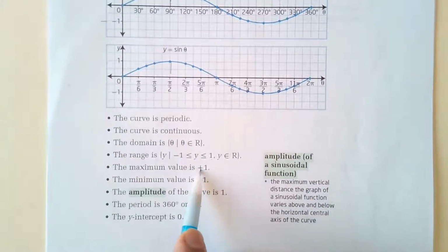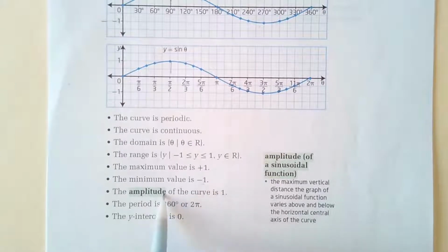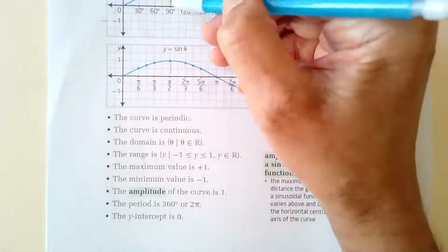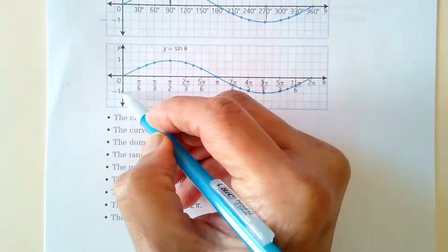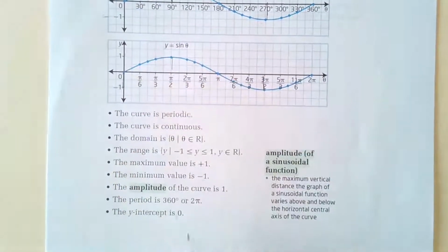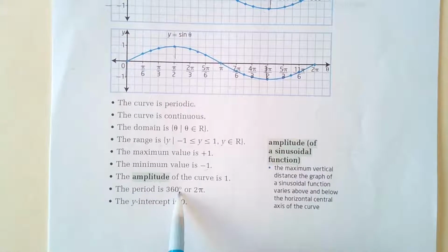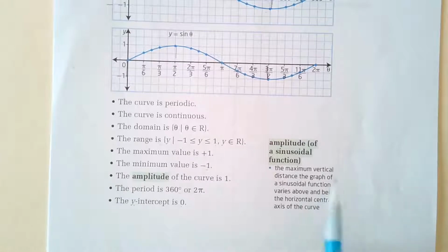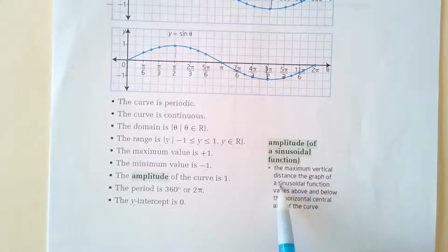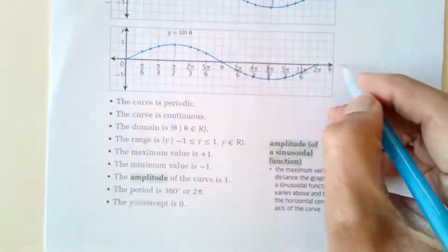The maximum value is +1, the minimum value is -1, and the amplitude of the curve is 1. So it's your amplitude here or here, 1 to 0, so midline. The period is 360 degrees or 2 pi, and the y-intercept is 0. Notice there's only one y-intercept. And we said the maximum vertical distance of the graph above the horizontal central axis, above the curve. So that's the midline here.